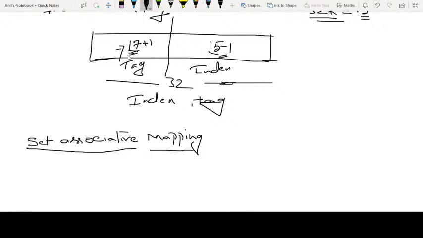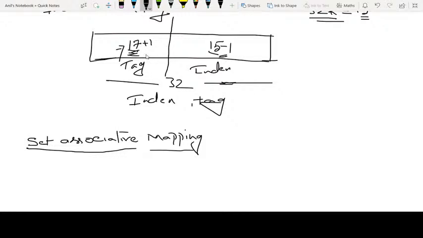But hold on, these are only for direct mapping. But what if the question is talking about the set associative mapped cache? Then what we have to do is simple. You need to subtract one digit from the index, and the subtracted digit should be added to the tag digits. Simply, in other words, index is equal to index minus 1, tag is equal to tag plus 1.